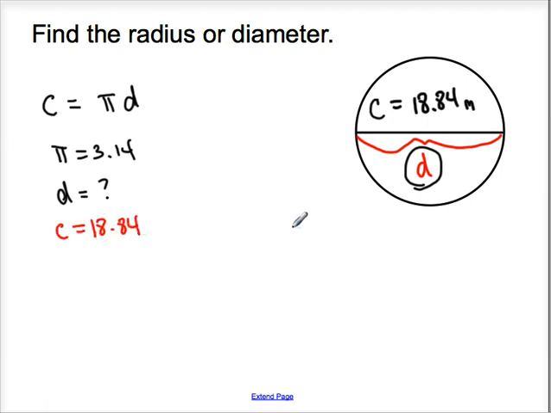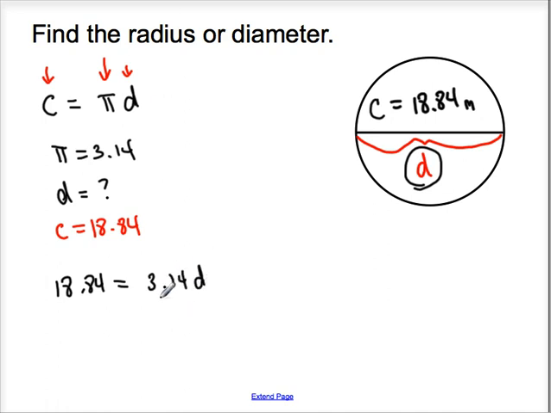We have C equal to 18.84. So there are three variables here. In order to solve for one of them, we have to know either c or d. In this case we know c, so we're going to solve for d. So 18.84, which is my circumference, is equal to 3.14 times my diameter d.